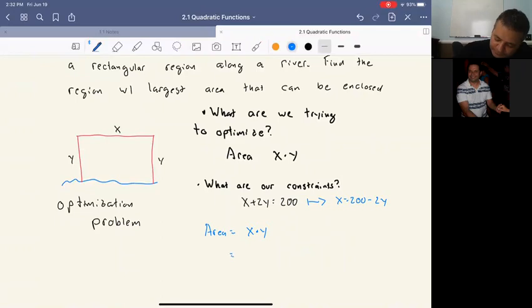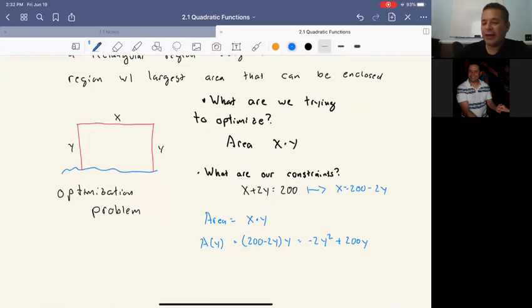So 200 minus 2y times y is our area as a function of y. Let me expand that out. That is negative 2y squared plus 200y. But this is just a quadratic, isn't it?